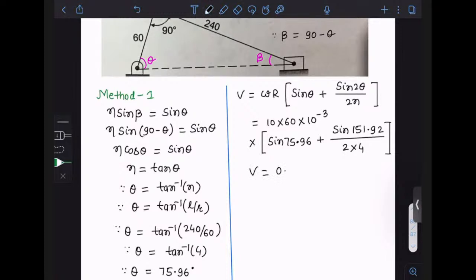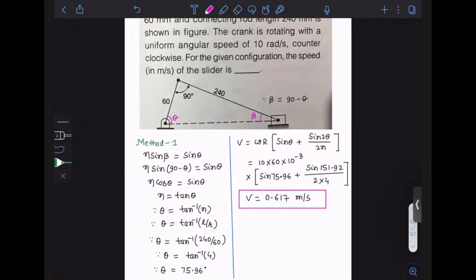V is equals to 0.617. Right, I hope this is clear. Meter per second. This is the final answer. Everyone done? This is how we can solve this, right? Note down, note down, note down.